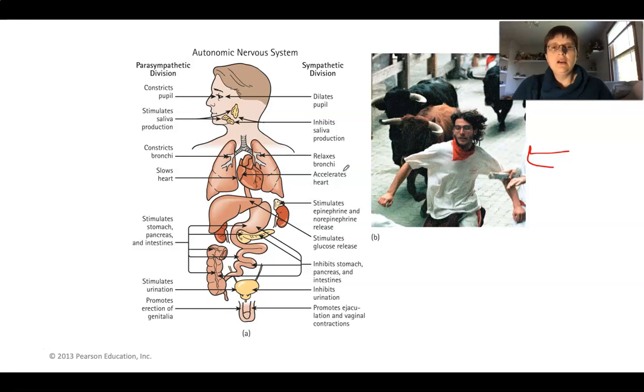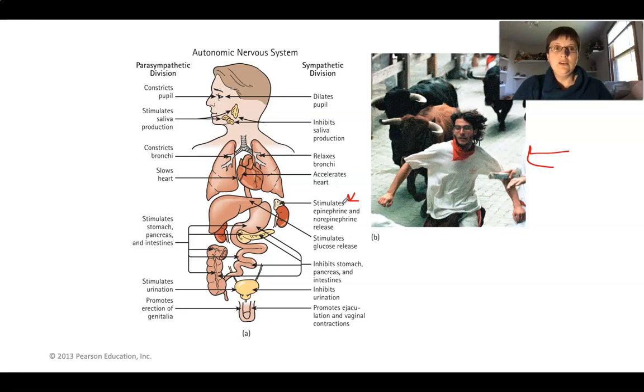Why would we want our heartbeat to accelerate? That's going to pump more blood through your system, provide more oxygen for things like your muscles. This is going to happen right here. We're going to notice this is not part of the parasympathetic division. It's only part of the sympathetic division. And that is we're going to get a stimulation of epinephrine and norepinephrine.